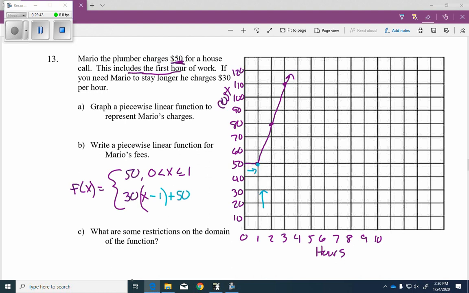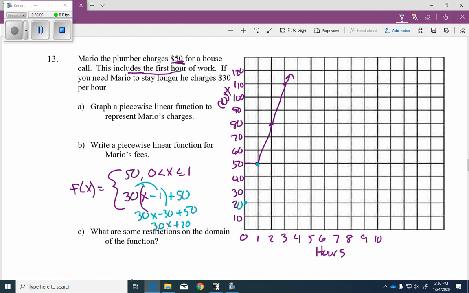Instead of backing it up to the y-axis, I could do it as shifts. I could have backed it up to the y-axis and said it would hit the y-axis at 20. But take a look. If I were to distribute this and combine like terms, I do get the 20 anyway.